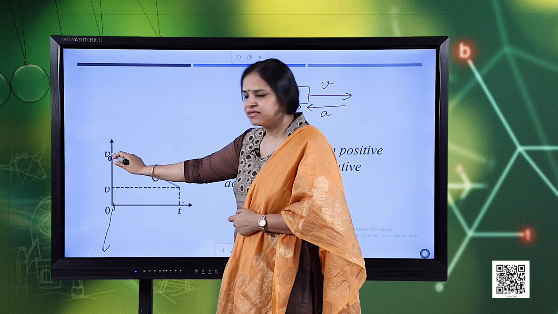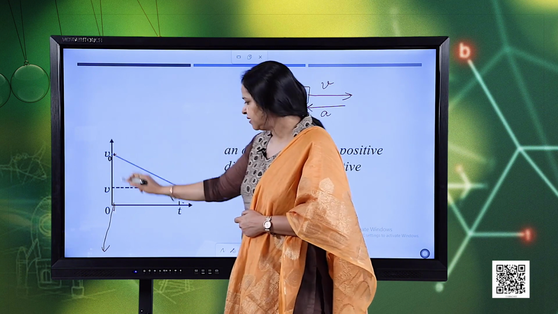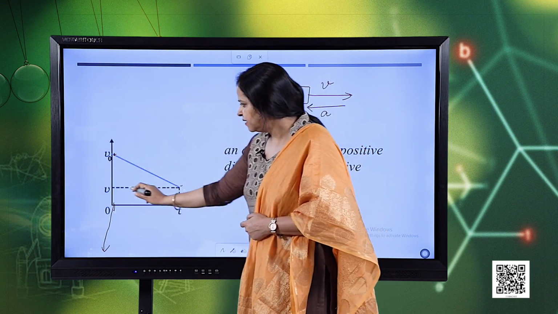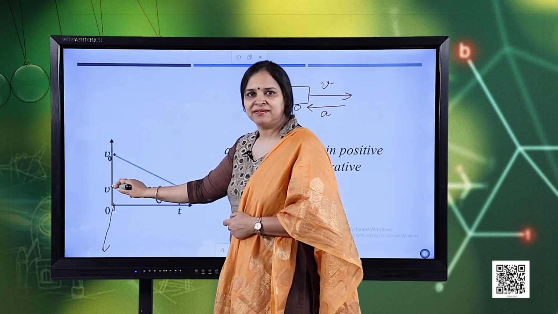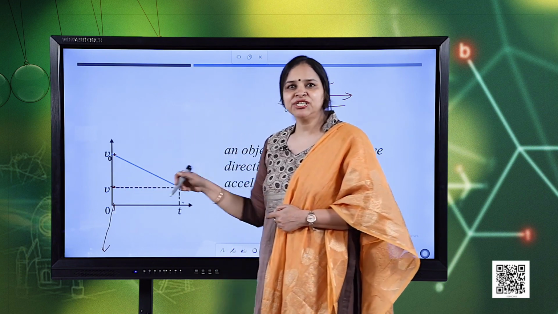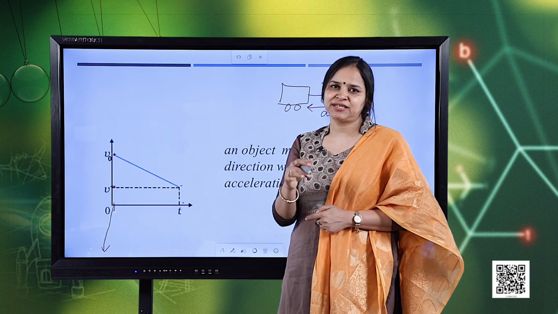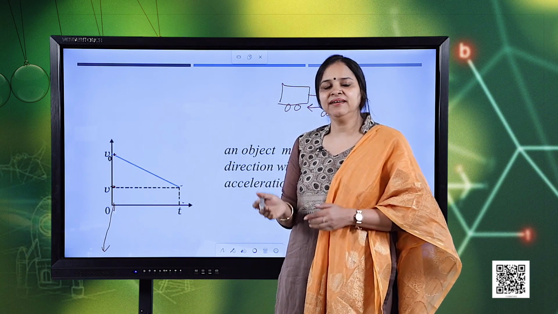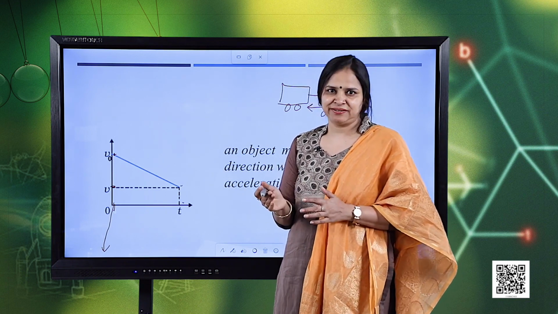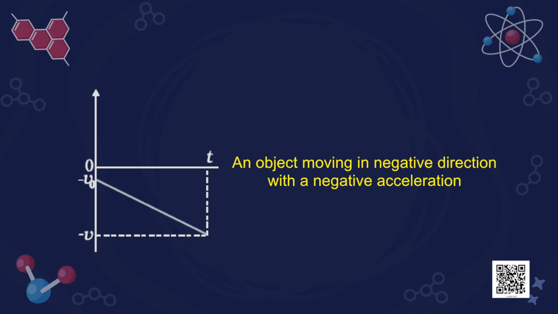Initially, suppose this much is the velocity V naught, but after time t, the velocity has decreased. Why? Because the direction of acceleration is opposite to the direction of the motion. So, it is an example of deceleration. Now, look at this velocity time graph. What does it represent?